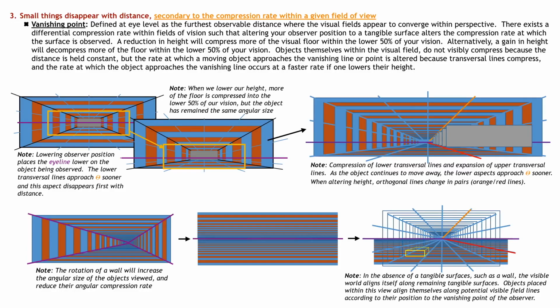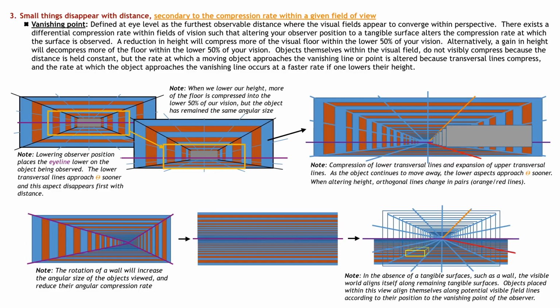But the objects themselves within the visual field do not visibly compress because the distance to them is held constant. But the rate at which a moving object approaches the vanishing line or point is altered because of transversal line compression if we alter our height. And the rate at which the object approaches the vanishing line occurs at a faster rate.